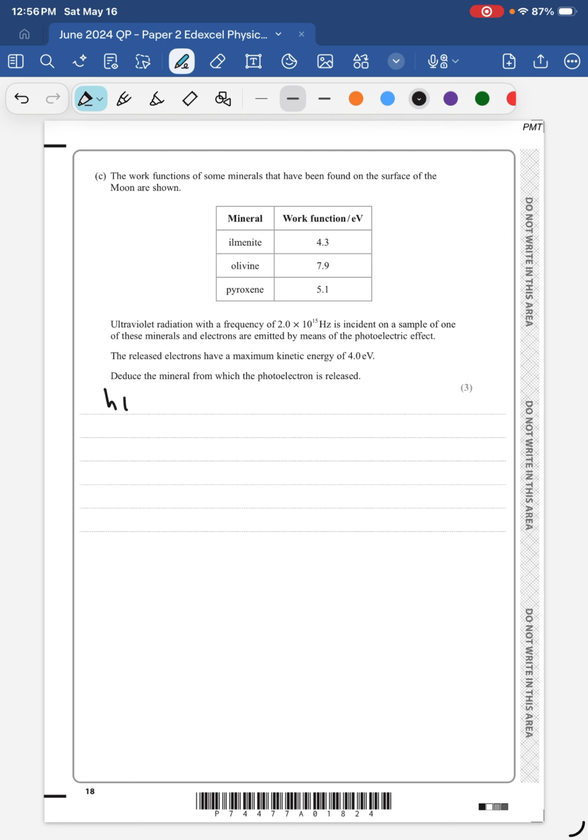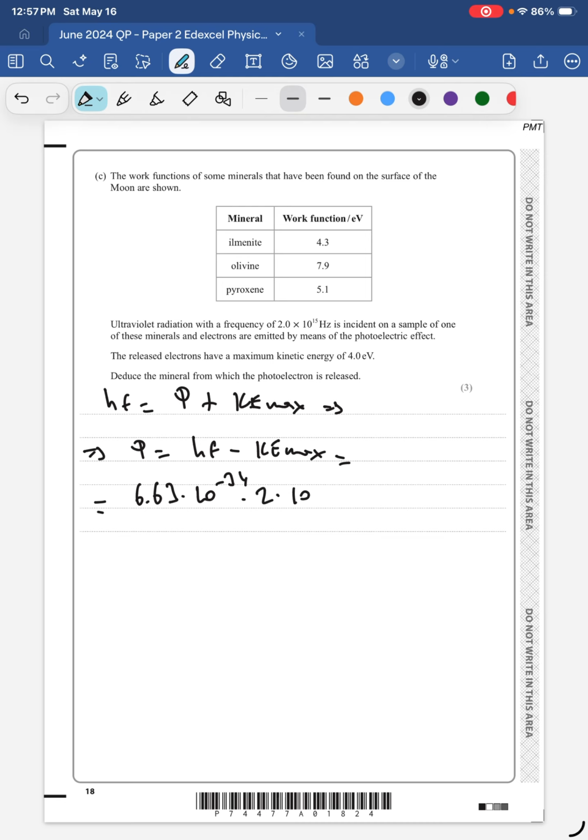H times the frequency of the photon goes into the work function plus the maximum kinetic energy of one electron. So the work function is hf minus KE max. This equals 6.63 times 10 to the negative 34 times 2 times 10 to the 15 hertz, which is the frequency, and then we divide by 1.6 times 10 to the negative 19 to convert to electron volts.